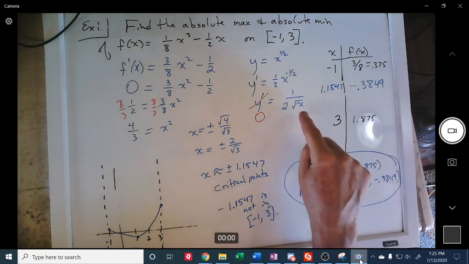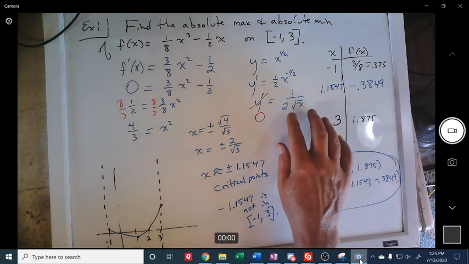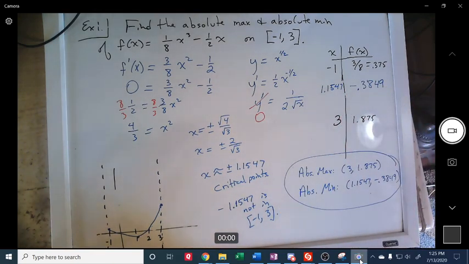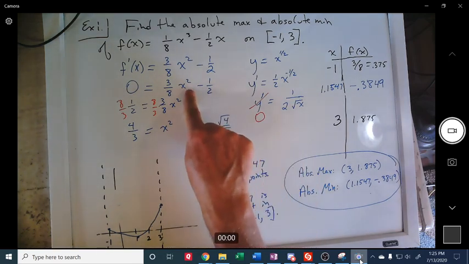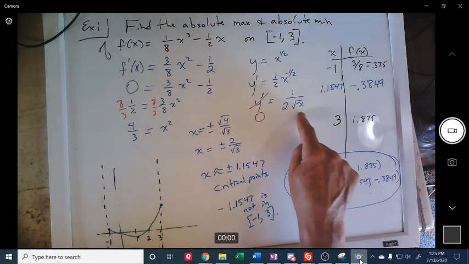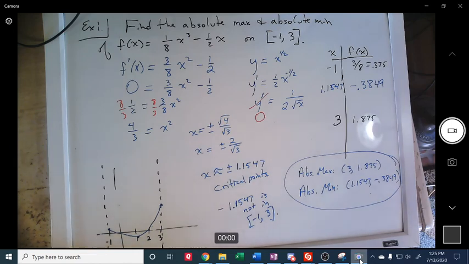And that one where the derivative does not exist, we'd have to check that one and put that one into our table. On this one, the derivative existed everywhere. But when a denominator could become 0, we have to watch for those cases, and make sure we check on those as well.